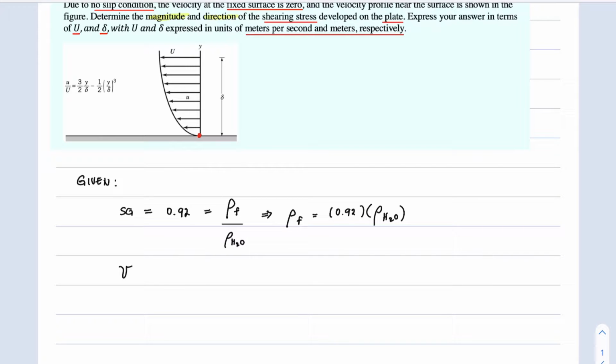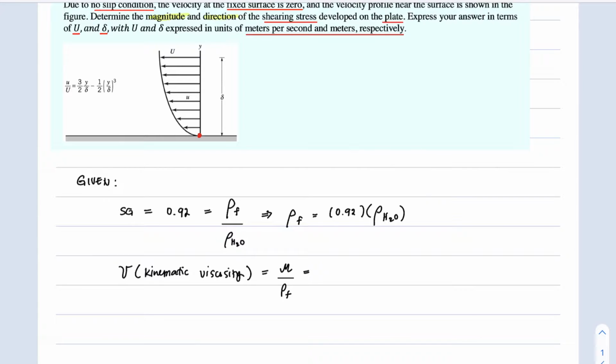Another given is this nu here, which is your kinematic viscosity. If you remember from our discussion, kinematic viscosity is just the ratio of your absolute viscosity mu over the density of the fluid.